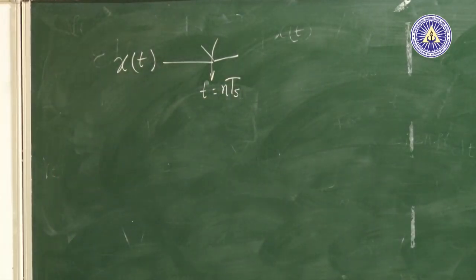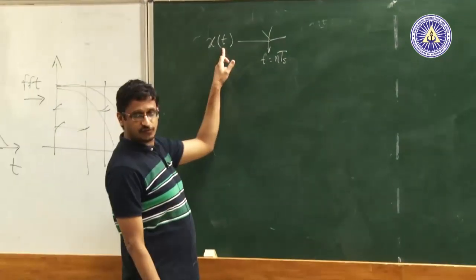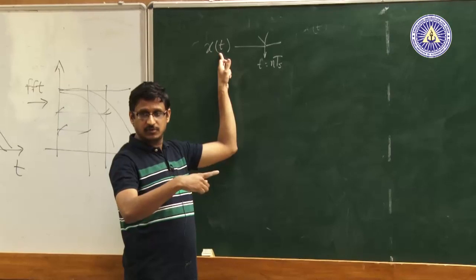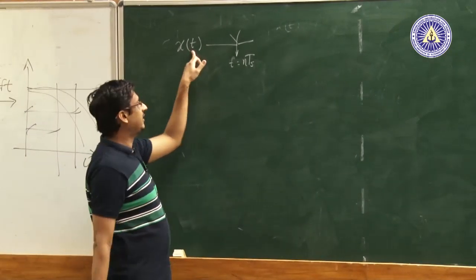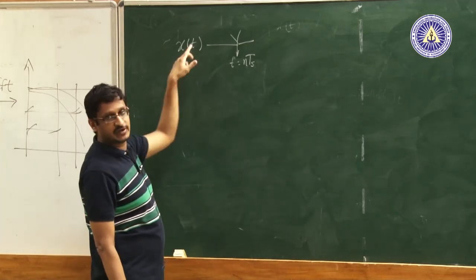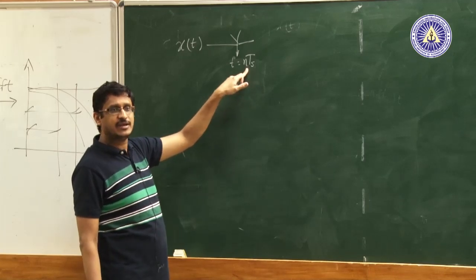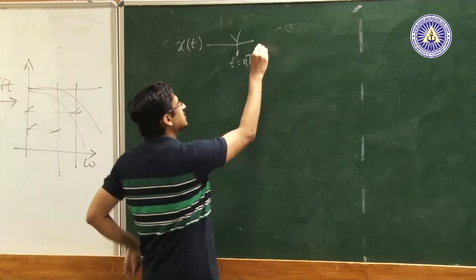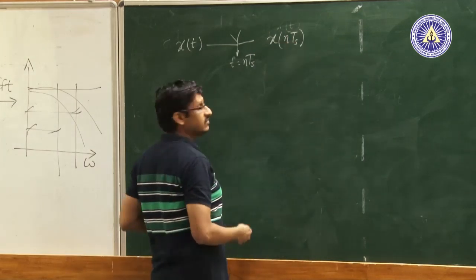So, x of t, which is a continuous time signal, possibly time limited or possibly bandwidth limited, we will talk about it a little bit. Instead of looking at the value of x of t at all points, we select specific points, denoted by t equals nTs, and then generate a sequence which is called a discrete time signal.